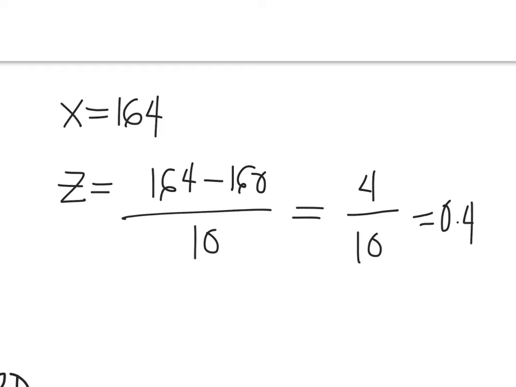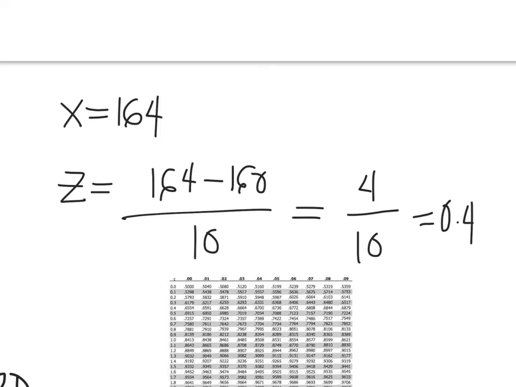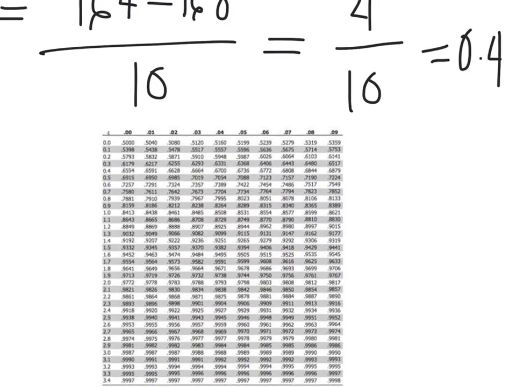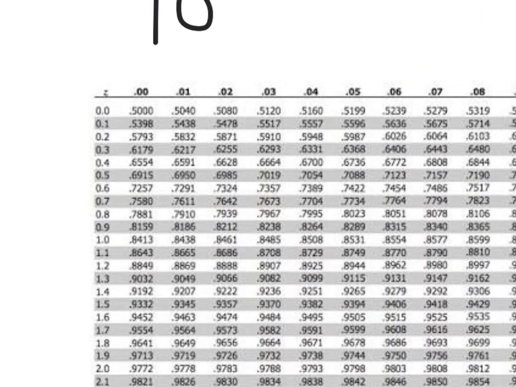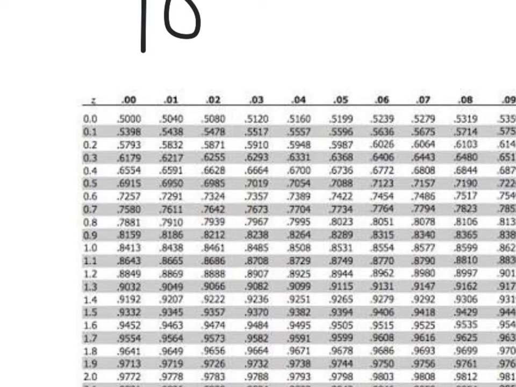Again, once we have the z, we have to refer to the z table. Since the z-score is a positive number, then we have to use the portion of the z table in which we have the positive z-scores. So 0.4 should be taken as 0.4, the number on the left, or the first column, and 0.00 on the first row.